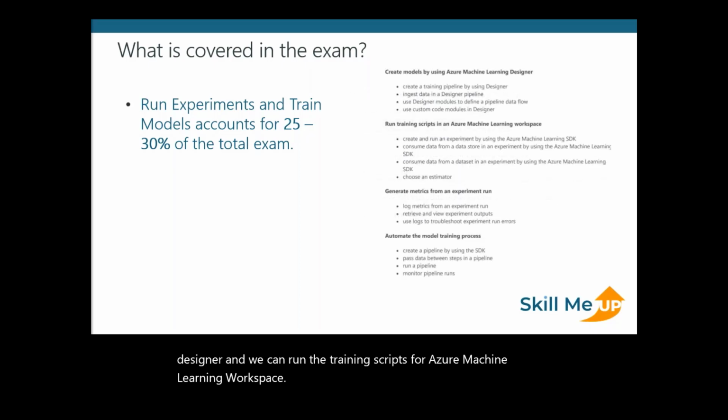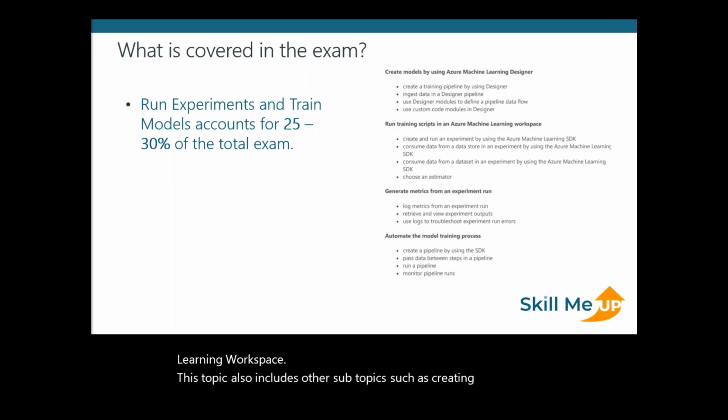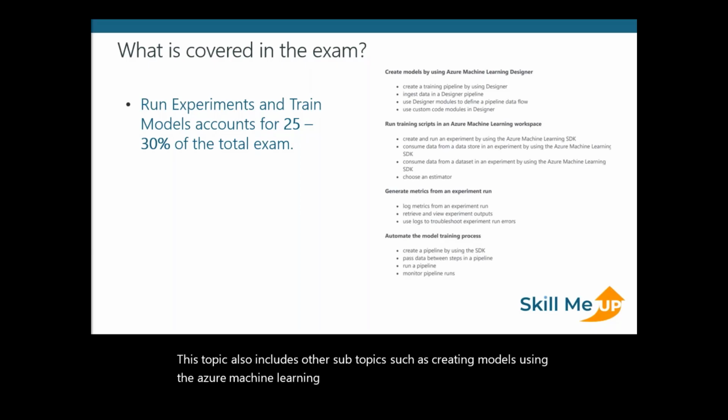This topic also includes other subtopics, such as creating models using the Azure Machine Learning Designer, running training scripts, and how we can generate metrics from an experiment run. We also look to see how we can automate the model learning process too.